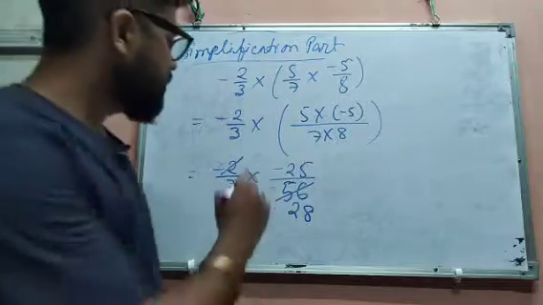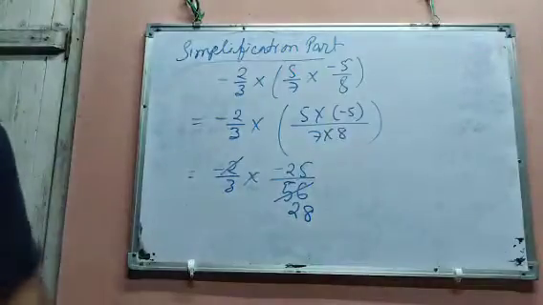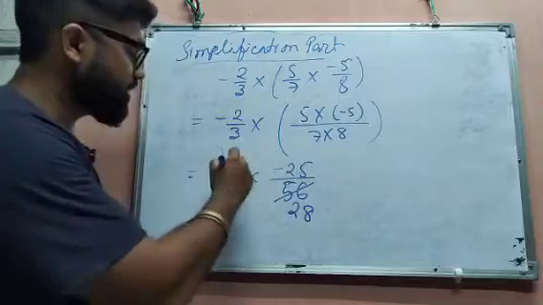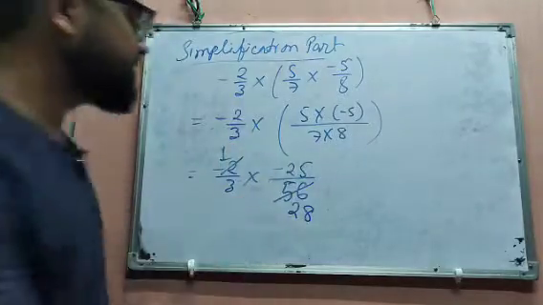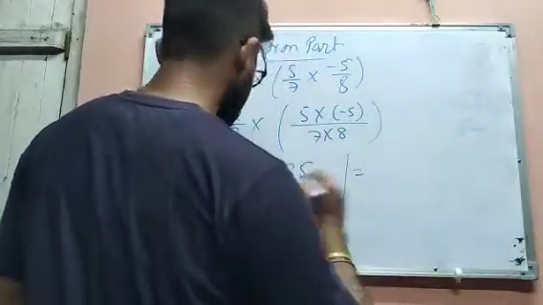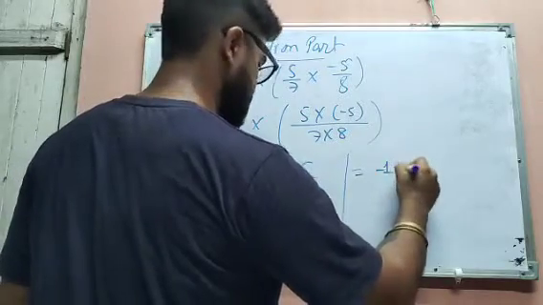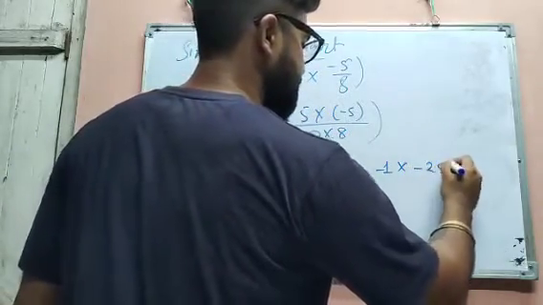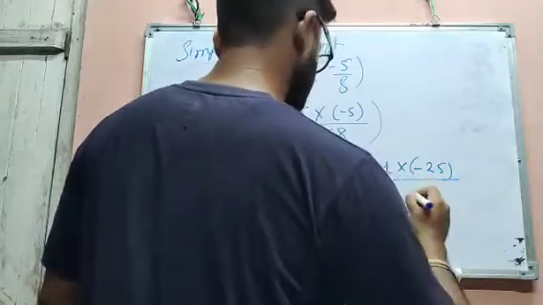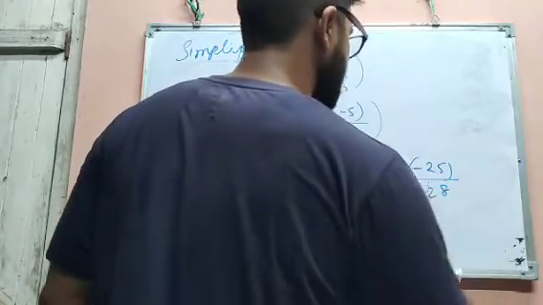Now we have to do numerator into numerator and denominator into denominator. So simply multiply: minus 1 into minus 25 and 3 into 28.